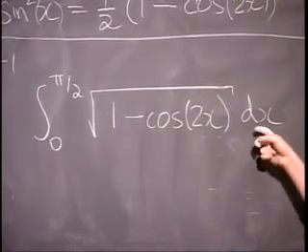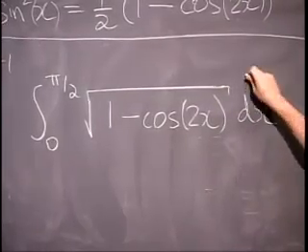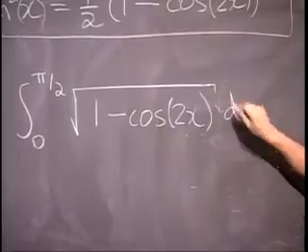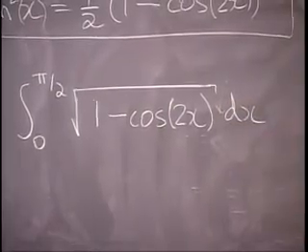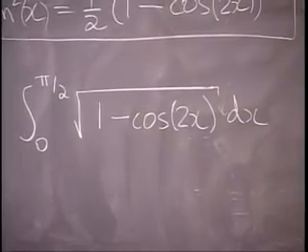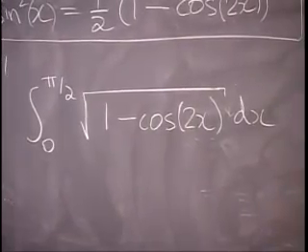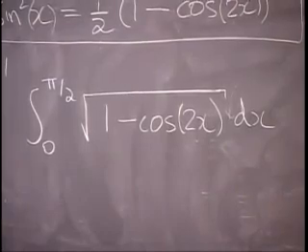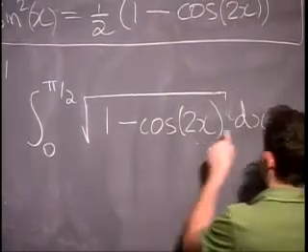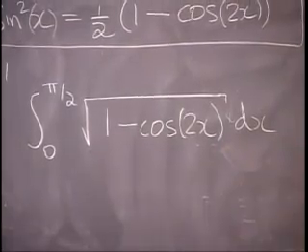Substitution would be great if there was a sine 2x floating right here. But there isn't. Sine 2x, of course, being related to the derivative of cosine 2x. Integration by parts, I don't know, you could try letting this be u and that be dv or something. But it seems pretty nasty.